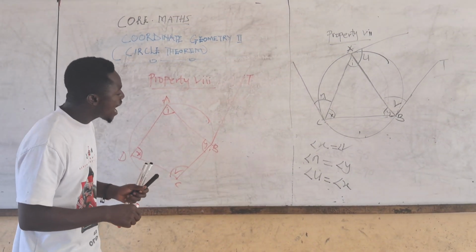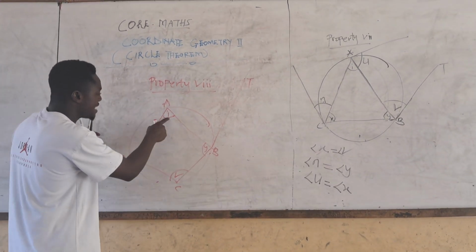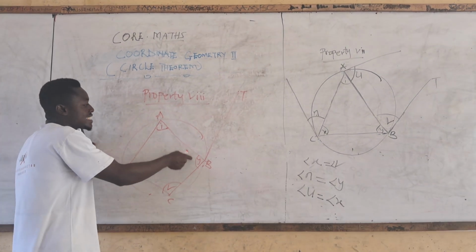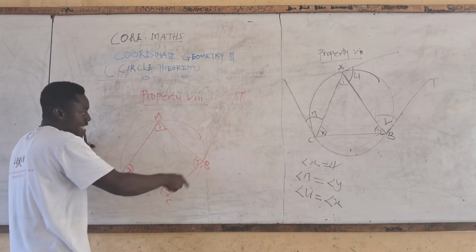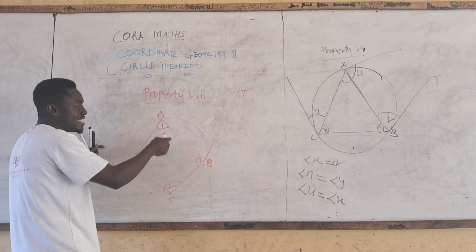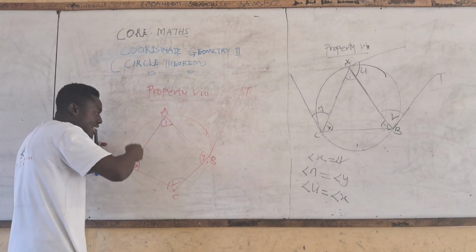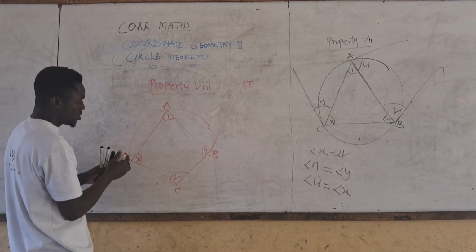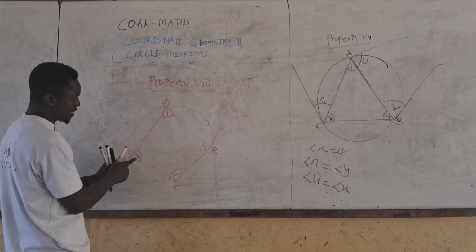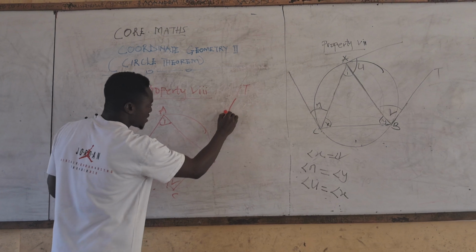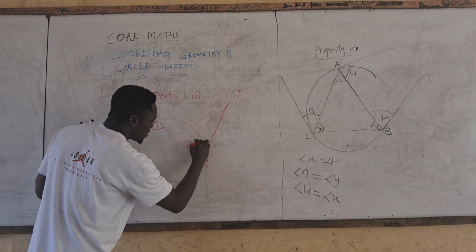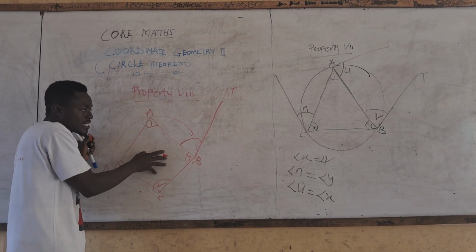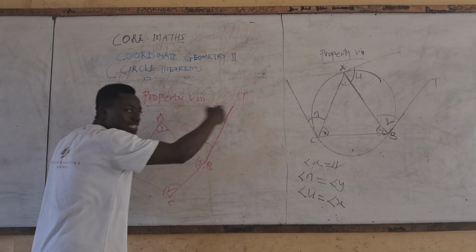As you can see, we have a tangent or an exterior angle here. It's outside the four-sided figure, so it's an exterior angle.